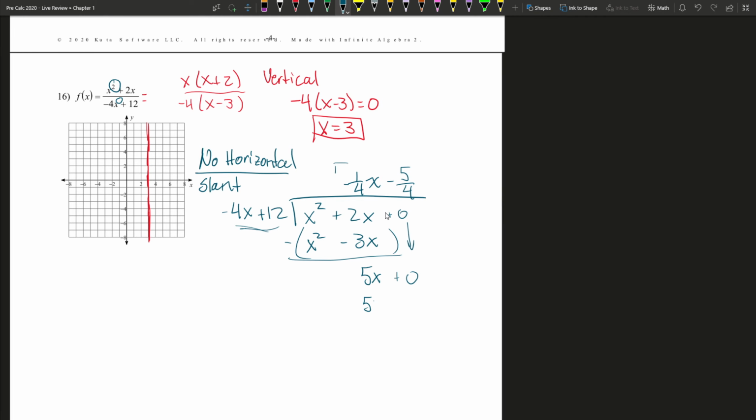This part really doesn't matter because the quotient is all we're looking for. So that is the line we're drawing.